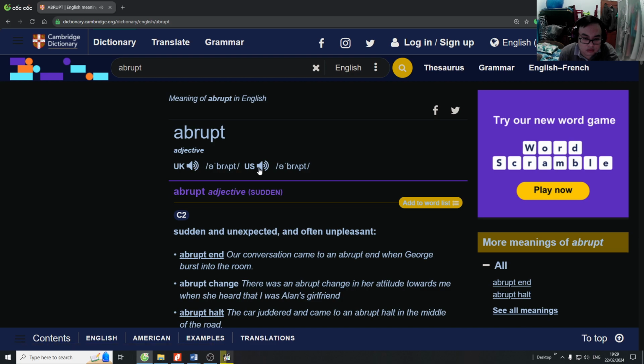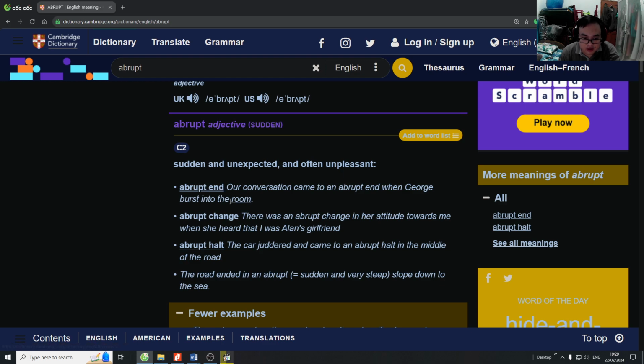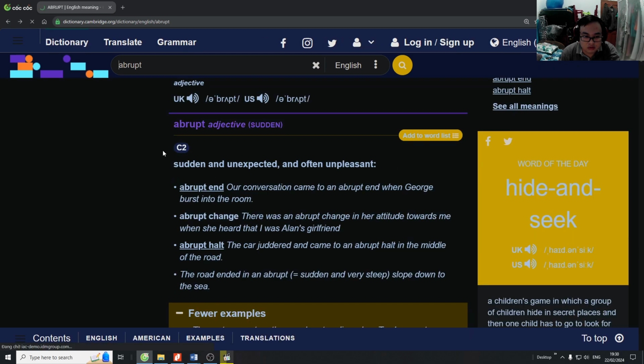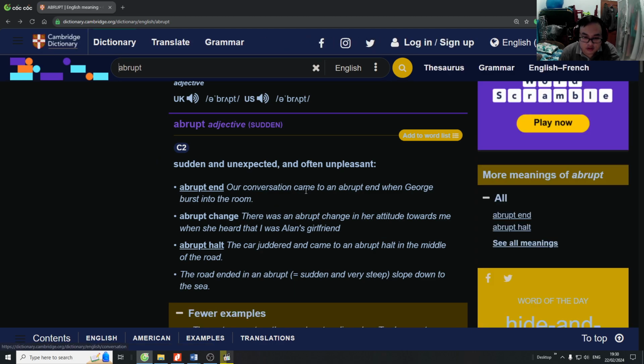Abrupt, abrupt, abrupt. Abrupt end. Abrupt change. Abrupt halt. Collocation. Our conversation came to an abrupt end when George burst into our room.